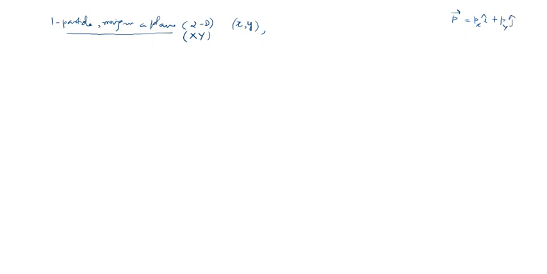Now let me pair these two things in a different manner. I am pairing x with px, and y with py, because that is what I like. So I am writing it as x comma px, and y comma py.